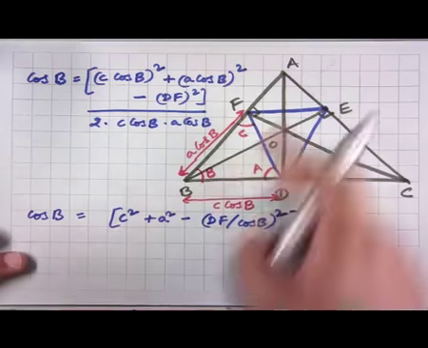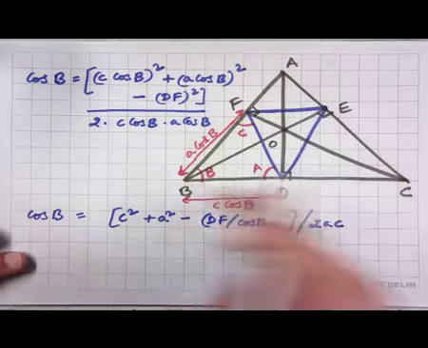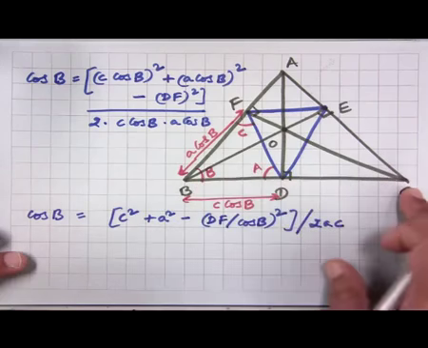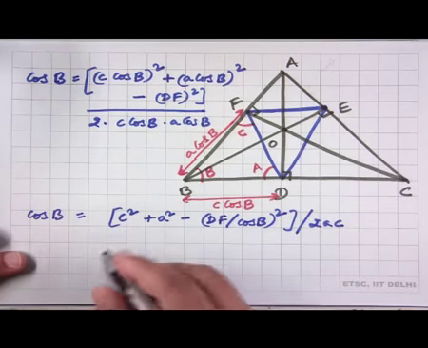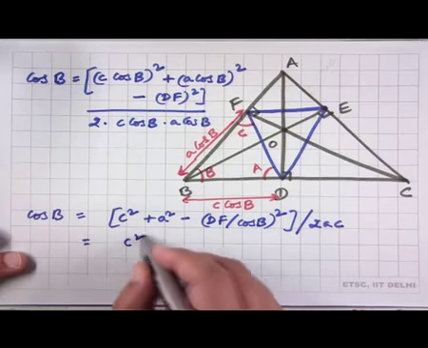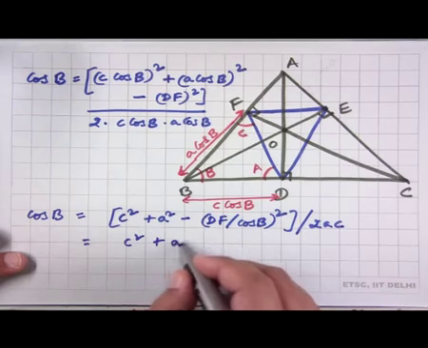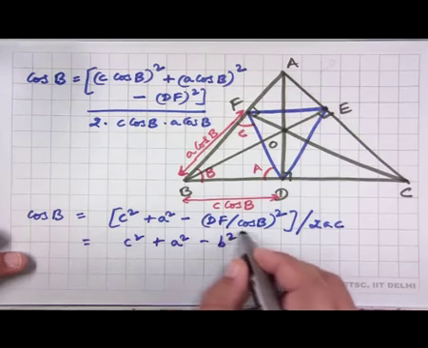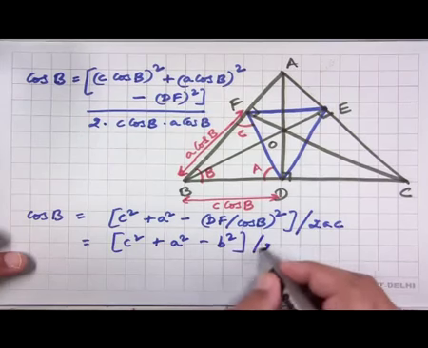But if you look at the original triangle ABC, then in the original triangle ABC we know that cos of B is equal to c square plus a square minus b square over 2ac.